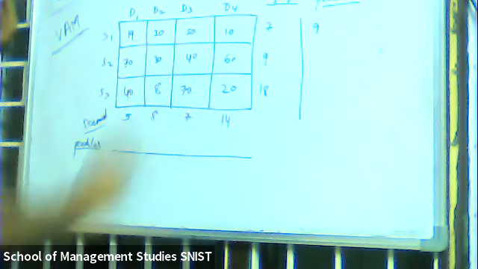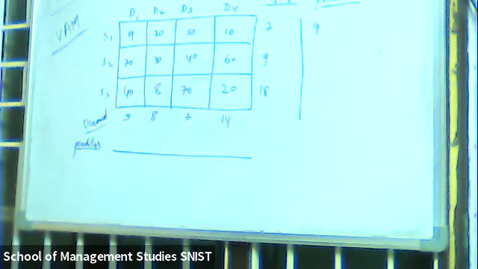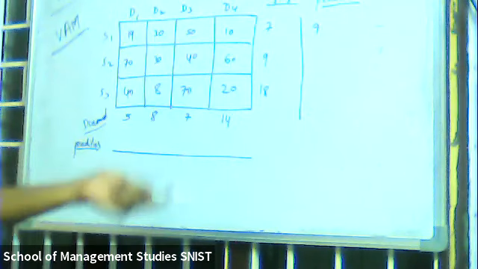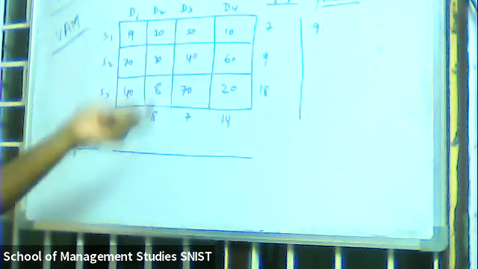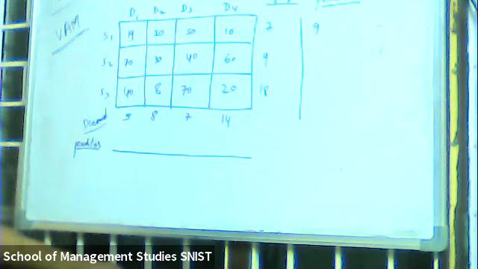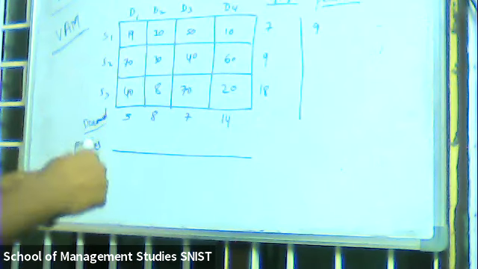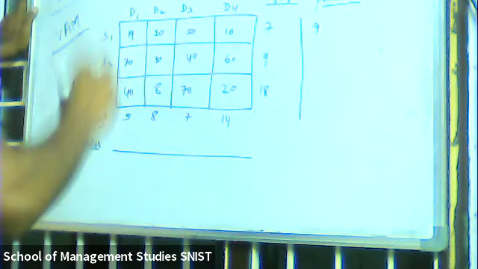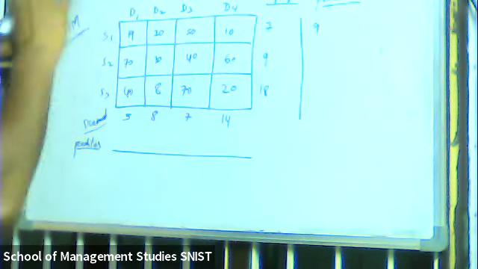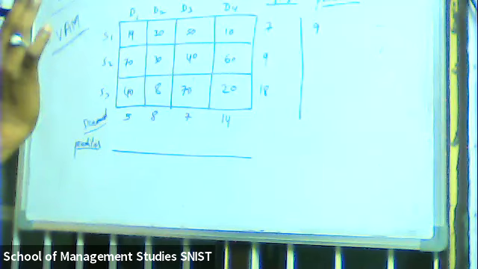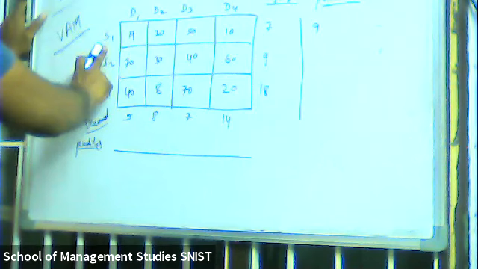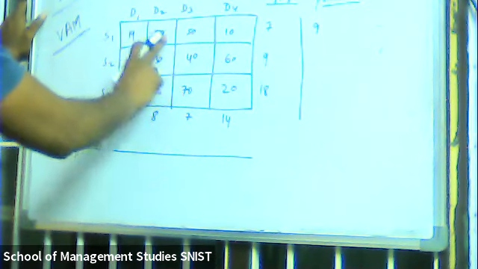If demand and supply do not match, you add a dummy row or dummy column, and the values of the dummy row become zeros. Now you have to find the penalties row wise and column wise, not for the entire table. First row, S1 row: check the values 19, 30, 50, 10.